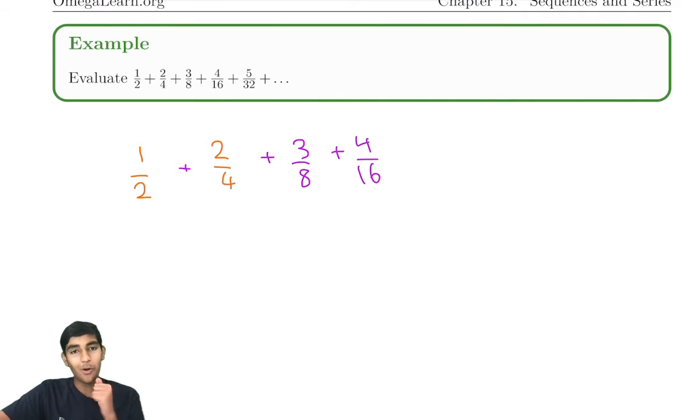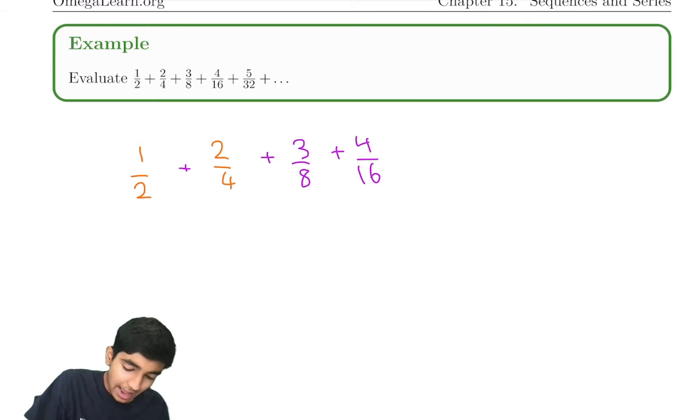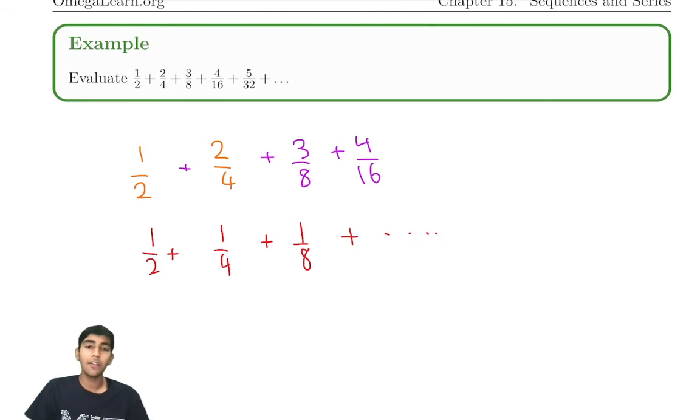What is this? Well, it's an arithmetico-geometric sequence, which is a very cool and special type of sequence. So notice that it seems almost like a geometric sequence. If it was 1/2 plus 1/4 plus 1/8, then it would be a geometric sequence we can easily solve using the infinite geometric sequence formula.